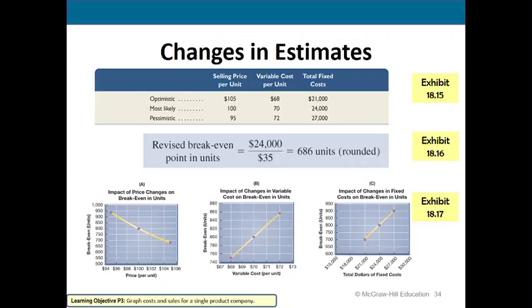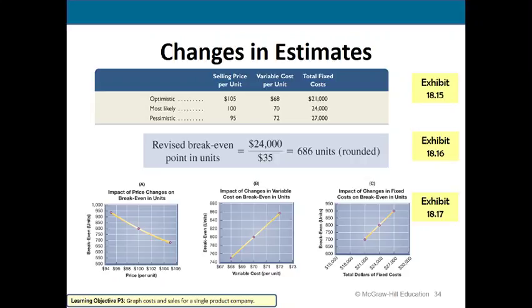So here you have a situation where they're taking kind of a range of selling prices for a particular product. The most likely situation is that they will sell these units at $100 each. Variable cost at that selling price would be $70.